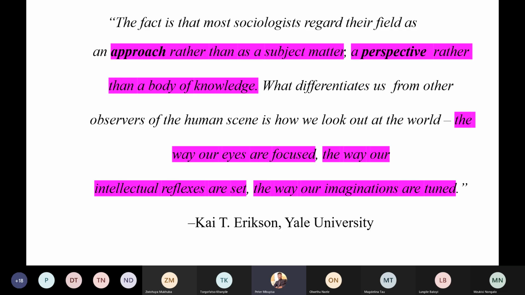We call that a specific imagination that we apply, the sociological imagination. So if you did chapter 1 from your reading, you understand what we are looking at here.